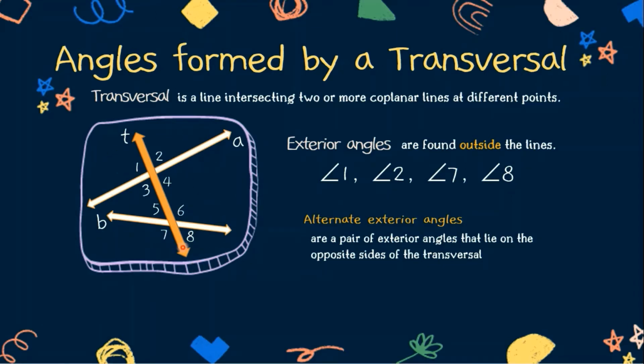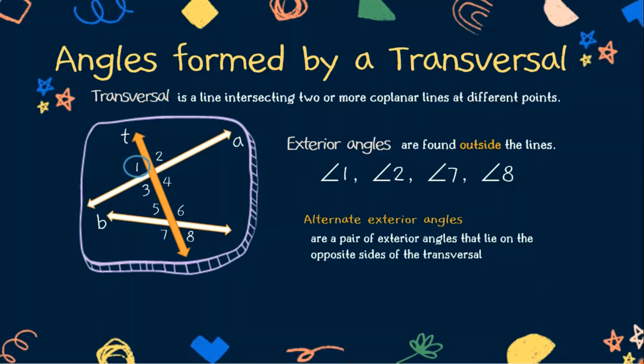Ito yung outer, mga exterior niya, kaya may mga exterior angles siya. At ito naman yung inner, kaya may mga interior angles. So, magpo-focus muna tayo sa exterior angles, alternate exterior angles. When we say alternate, these are referring to the angles that are found on the opposite sides, magkabilang side nung transversal, isa sa left at isa sa right side.